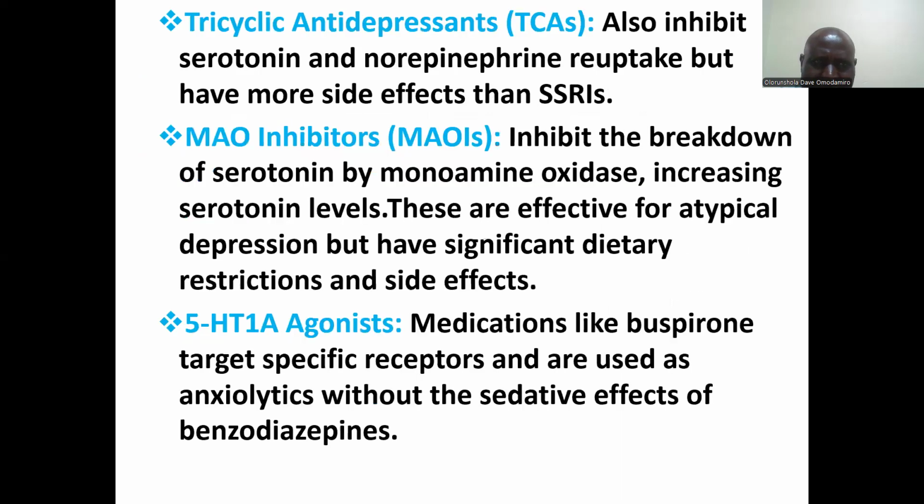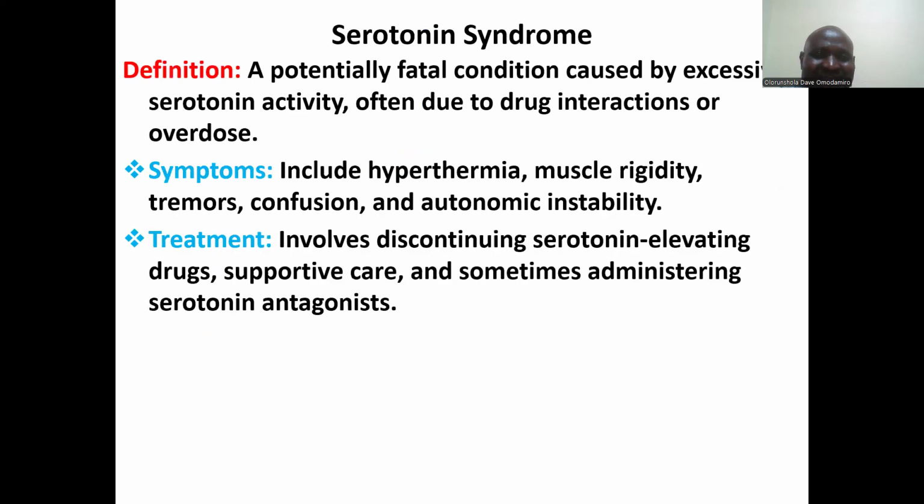We also talk about tricyclic antidepressants, TCAs, which are also used in the treatment of depression, and also monoamine oxidase inhibitors, which are also effective, and also 5-HT1A agonists, used for the treatment of depression as a result of a decline in the level of serotonin in the body. I hope this makes sense.